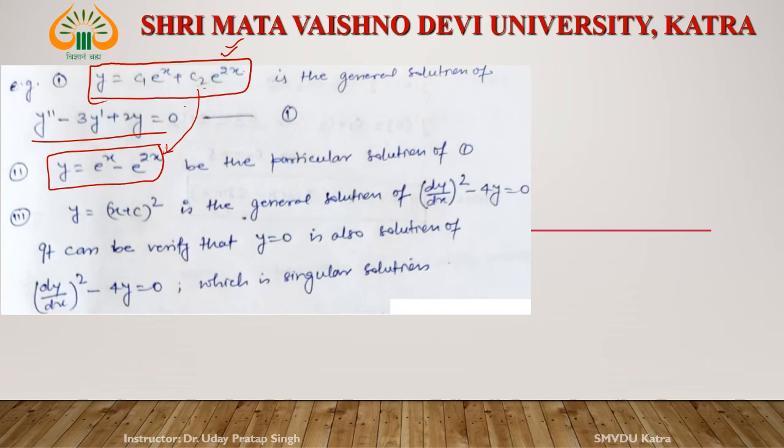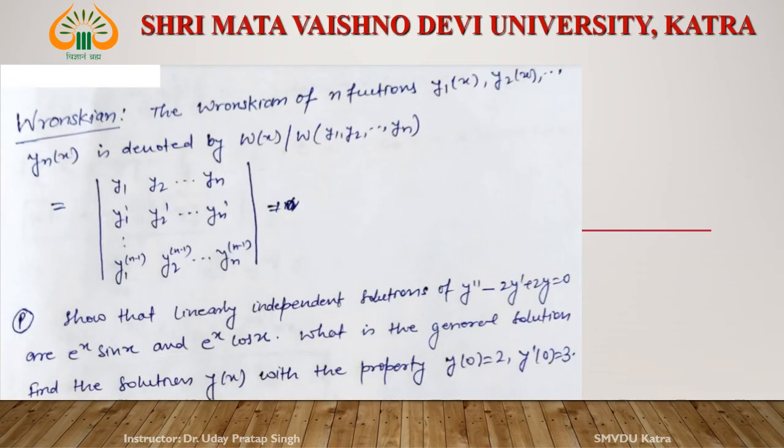And the third example is the same: y is equal to (x plus c) square is the solution of the differential equation. But y equal to 0 cannot be obtained from it. So y equal to 0 is the singular solution of the differential equation.